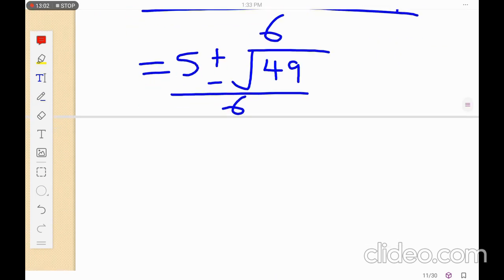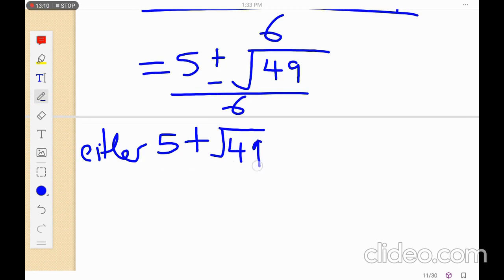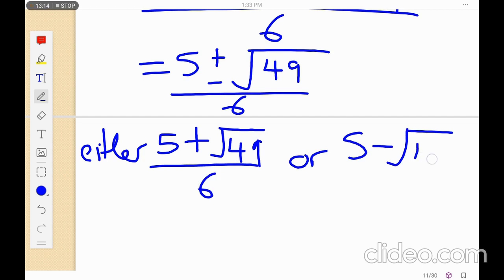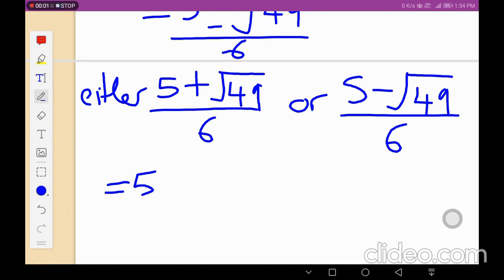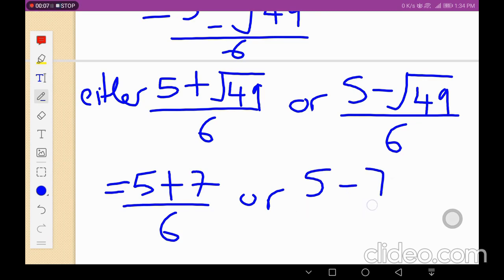So my answers are either 5 plus square root of 49 over 6, or 5 minus square root of 49 over 6. Square root of 49, we know its value is 7, so we get 5 plus 7 over 6, or 5 minus 7 over 6 there.